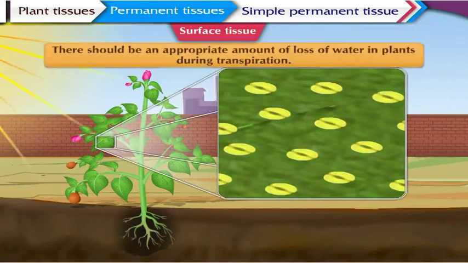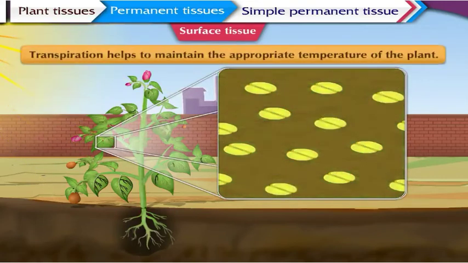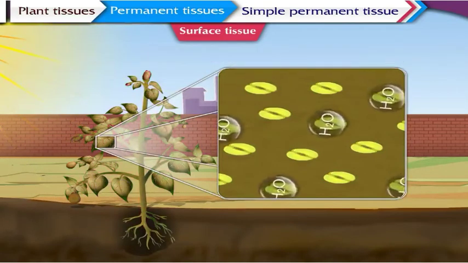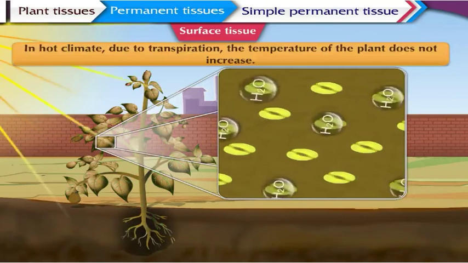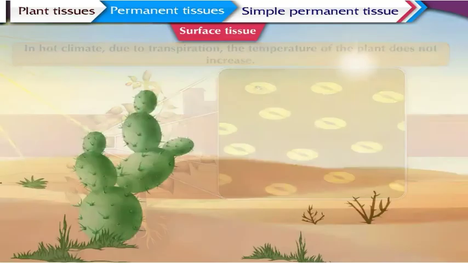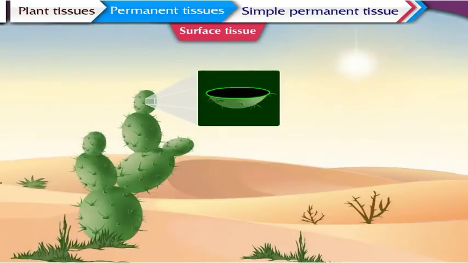Hence, there should be an appropriate amount of loss of water during transpiration, which will help to maintain the appropriate temperature of the plant. In hot climate, due to transpiration, the temperature of the plant does not increase. The epidermis of desert plants, like cactus, is different from that of other plants.